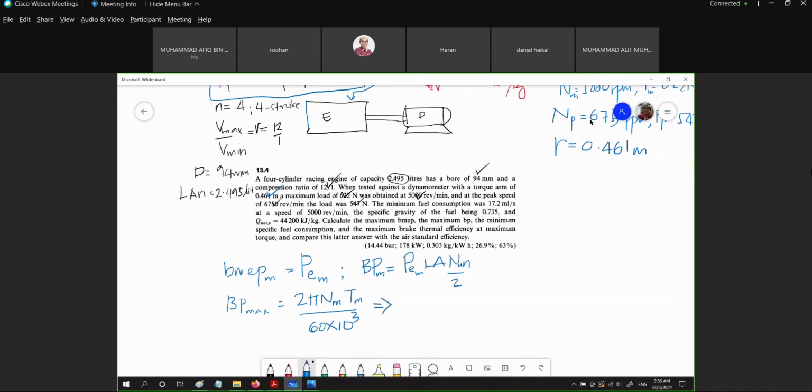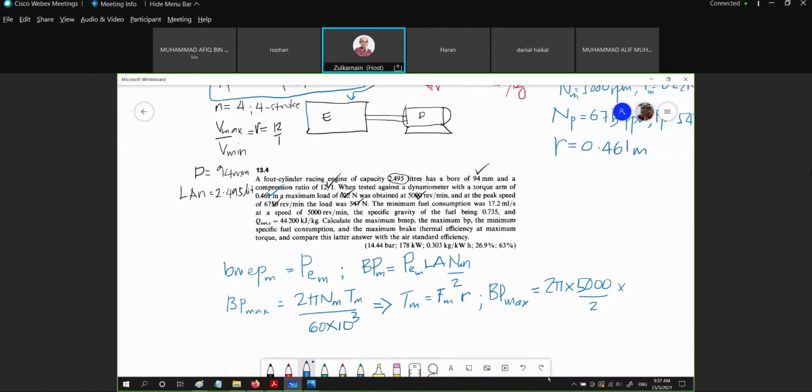And again, the T max is equal to the force at max times R. So from here, BP max is equal to 2 pi, what is the N max? 5,000, 4-stroke divided by 2, and the LAN N. So what is LANN?